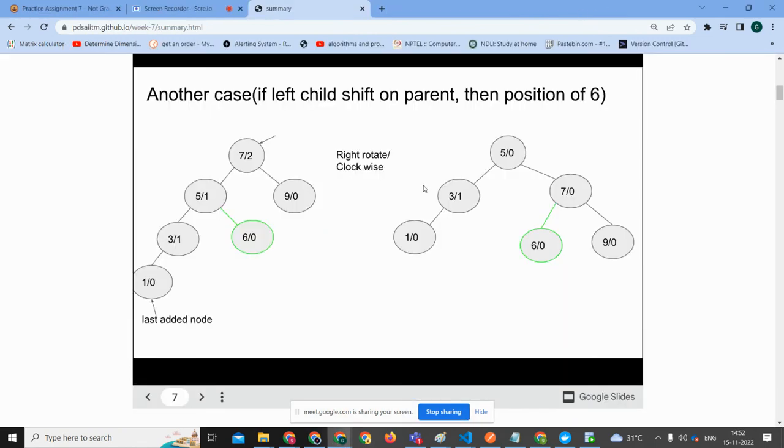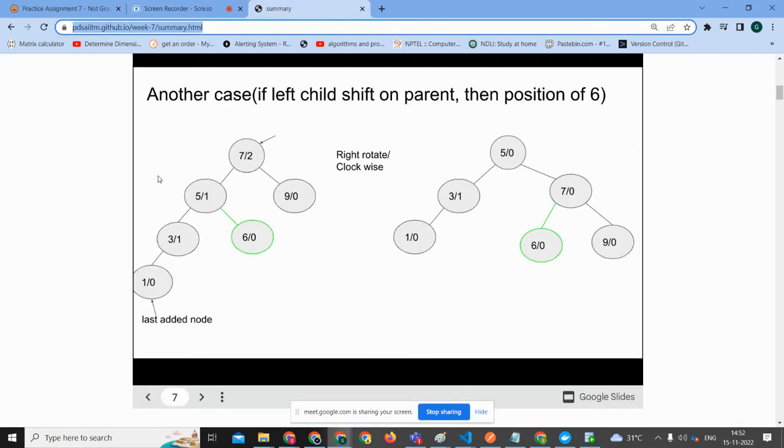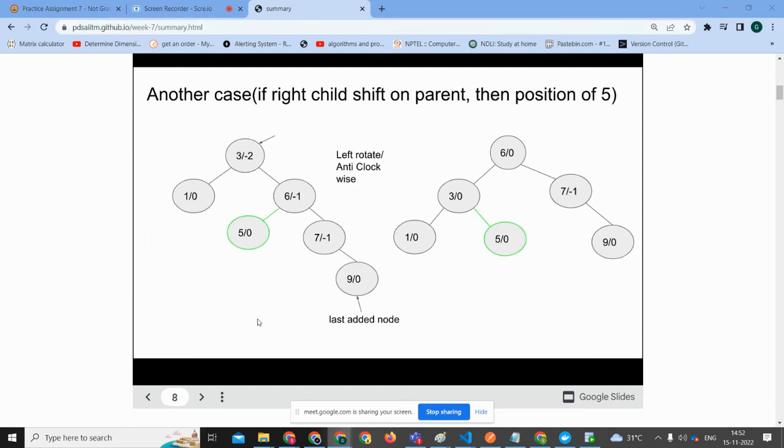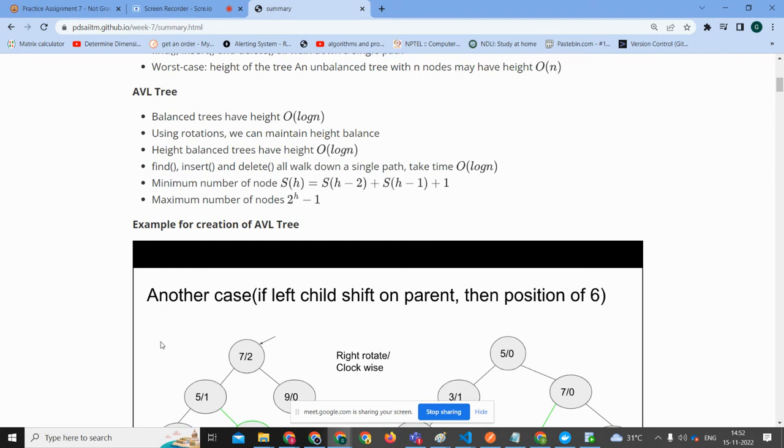Okay. So they have given us an example case here, right? I believe it is still recording.